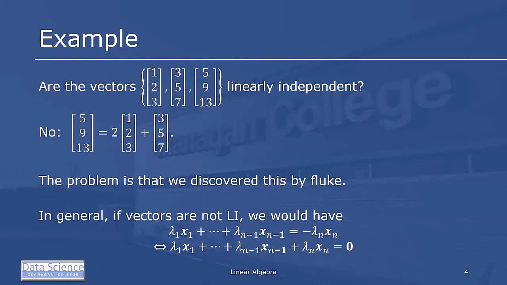Moving the term on the right to the left, that would mean that lambda 1 x1 plus everything up to lambda n minus 1 xn minus 1 plus lambda n xn would equal 0. So this gives us a general strategy for how we can maybe attack this problem.